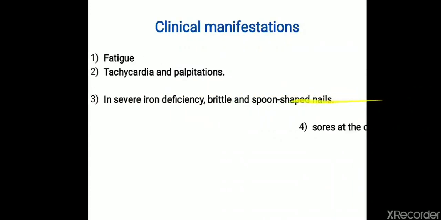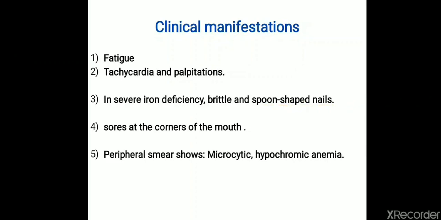Coming to the clinical manifestation of iron deficiency, the most common clinical presentation is fatigability. Regarding clinical signs, the patient will have tachycardia and palpitation. In severe iron deficiency, there will be brittle and spoon-shaped nails.